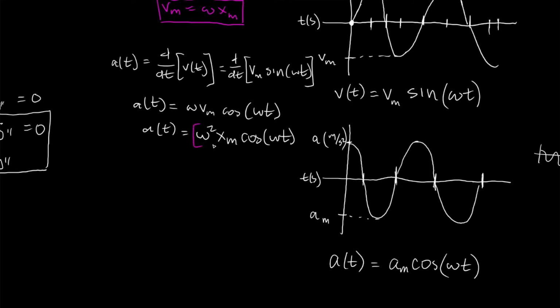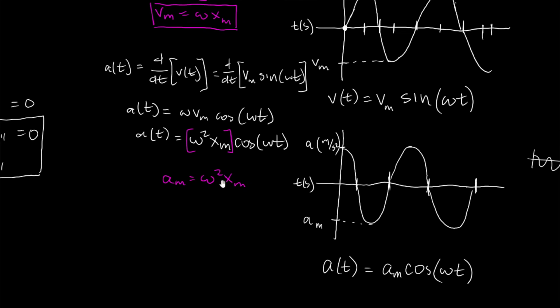And that looks just like this function, and we have our amplitude. So Am is equal to omega squared times our position amplitude, or our maximum acceleration equals our angular frequency squared times our maximum displacement.